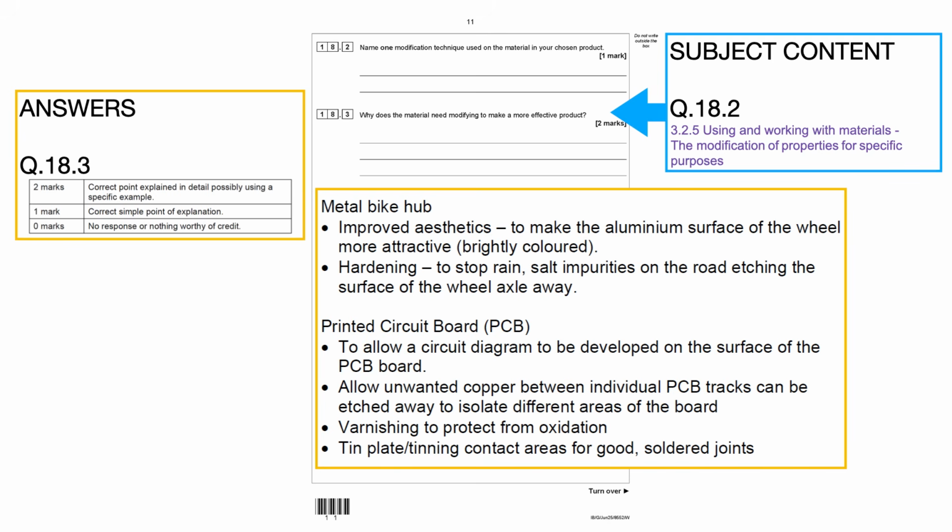For the PCB, it allows a circuit diagram to be developed on the surface of the PCB board. It allows unwanted copper between the individual PCB tracks to be etched away to isolate different areas of the board. Varnishing to protect from oxidization. Tin plate, tinning contact areas for good soldered joints.